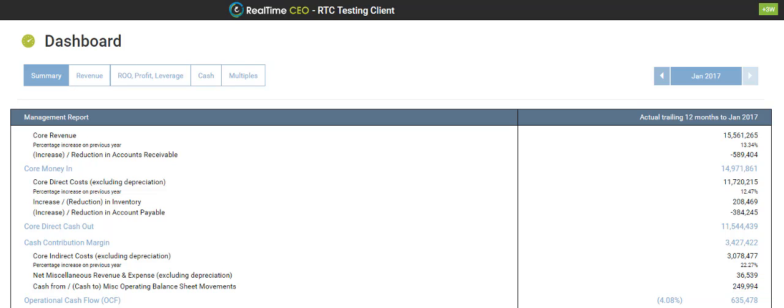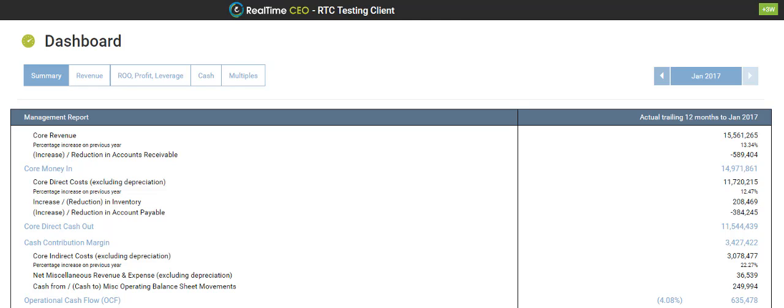And that brings us to our operational cash flow that can be expressed in dollars, in this instance $635,478, or as a percentage of revenue. And as a percentage of revenue, it is telling us how many cents of cash we are generating for each dollar of revenue.